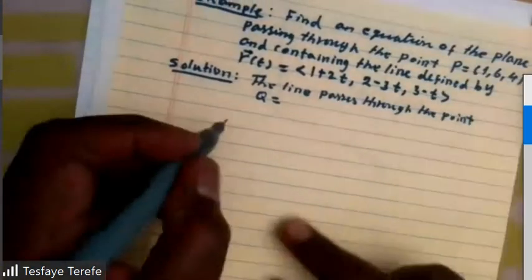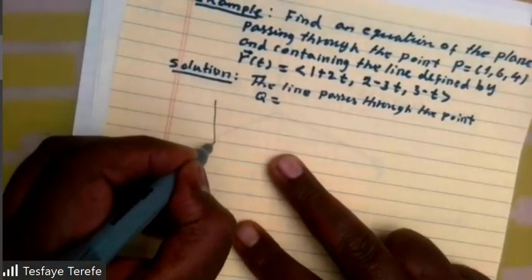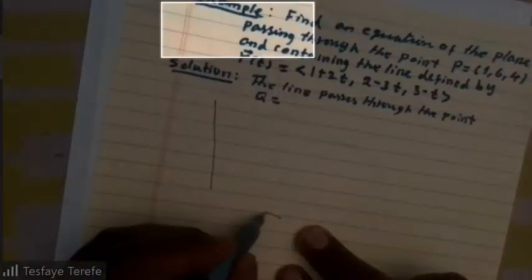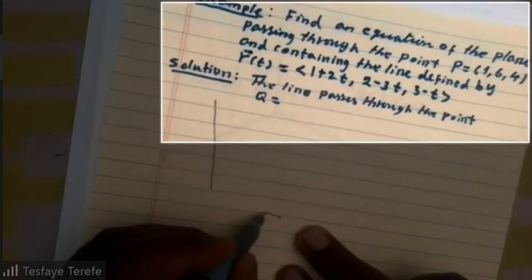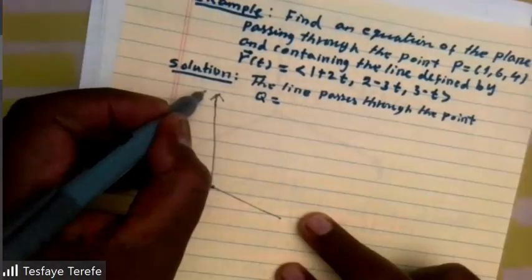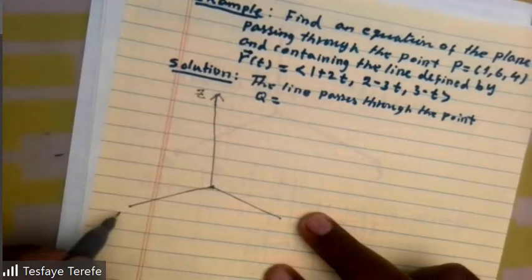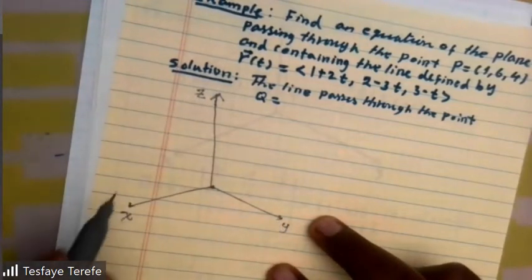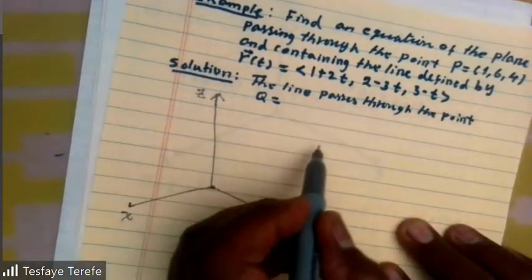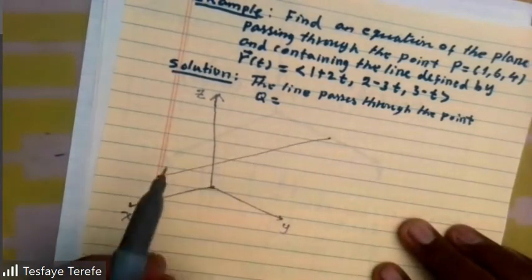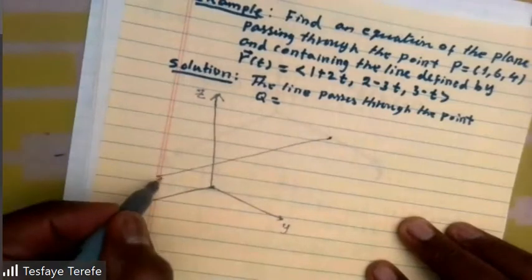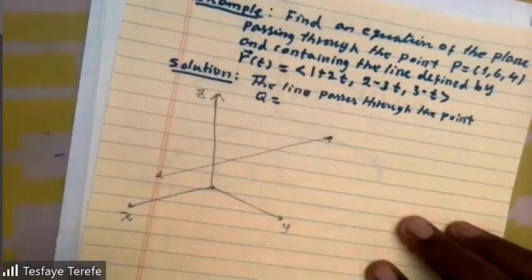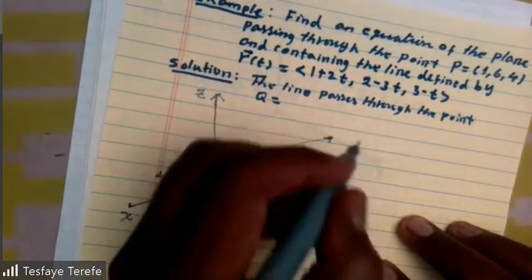So again, as I told you, try to draw your imaginative picture. Let us assume this line is going like this. This is line L. I'm not really drawing perfectly, just having a visual reference.